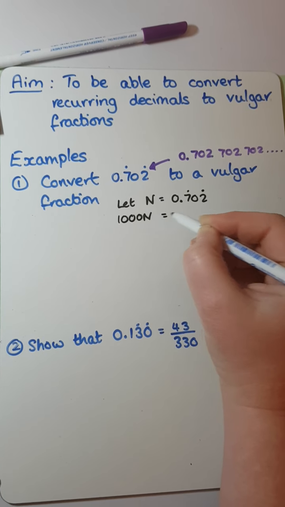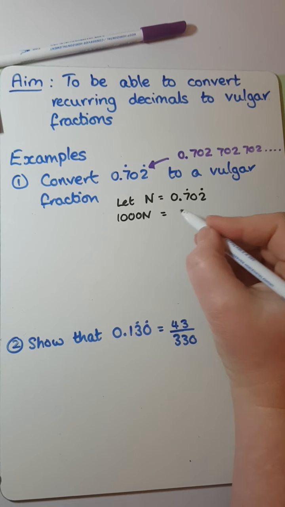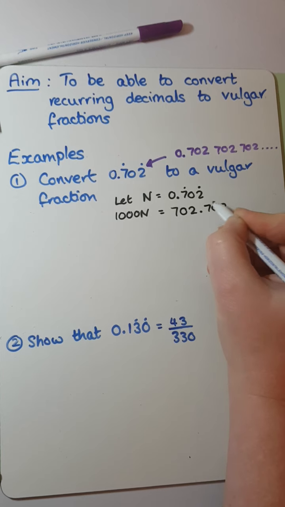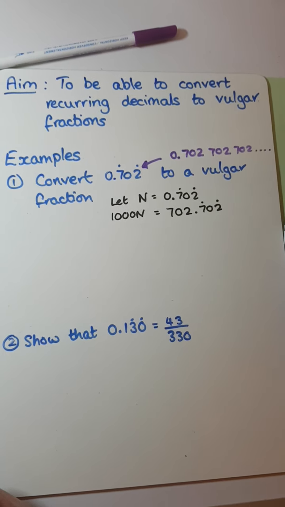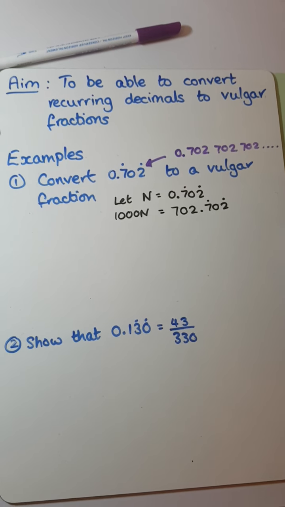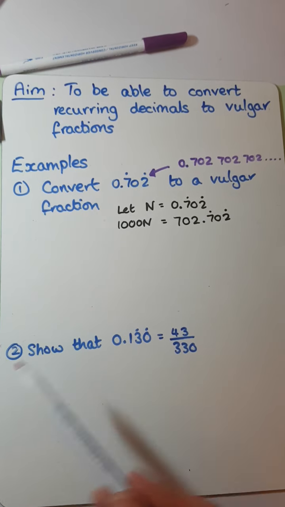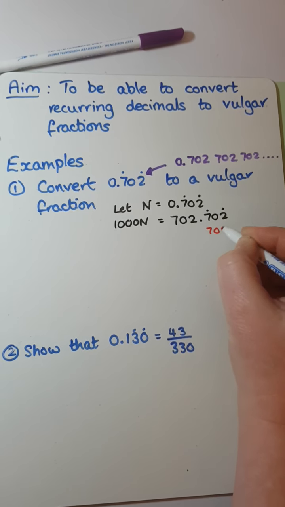So I'm going to multiply it by 1,000. 1,000n is not 0 point anything, it's 702.702 recurring, because remember, that recurring part continues to infinity. Now I have to get rid of the recurring part.